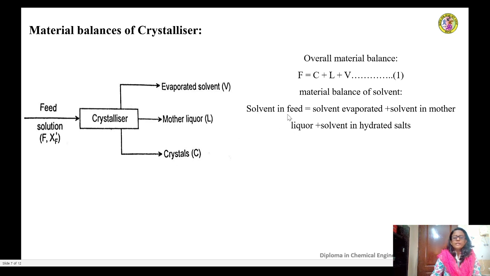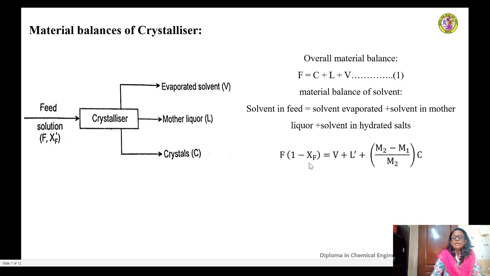So that also should be taken into account. So the material balance equation for solvent becomes: solvent in feed equals solvent evaporated plus solvent in mother liquor plus the solvent in hydrated salts. So the solvent here equals solvent here plus solvent here plus solvent here.